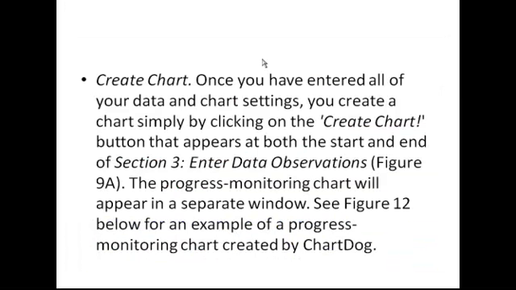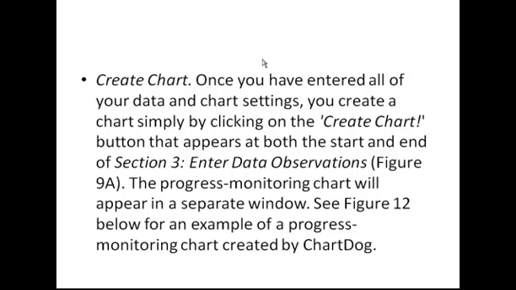So then you're going to create a chart. Once you've entered all of your data and your chart settings, you just click on Create Chart. It's pretty simple. Now, enter data observations.